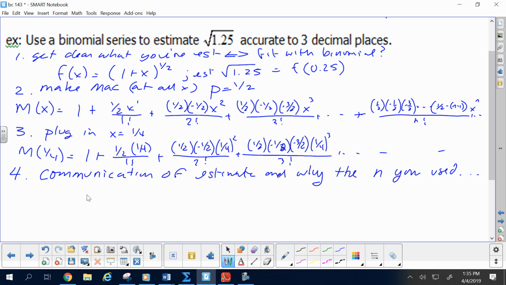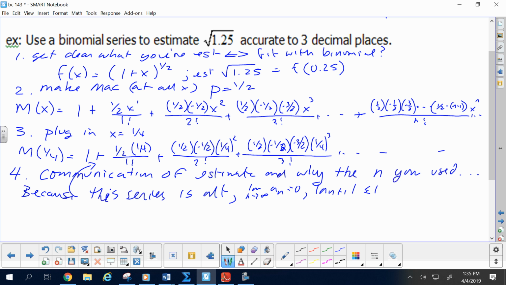All right, so what my estimate is and why. First of all, I would say something like this. Because, it's probably bad grammar to start with because, but you get the idea. Because this series is alternating, the terms go to 0 and decrease.